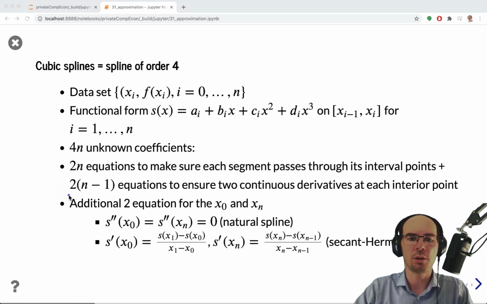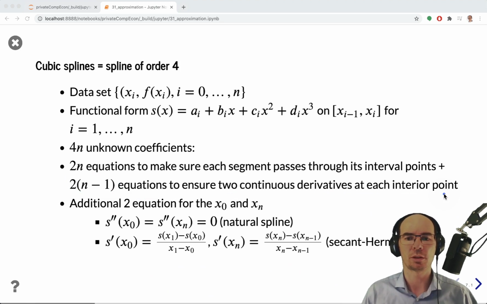And so there will be 2 times the number of points where 2 different segments of the spline come together. These are the points where we have to ensure the smoothness of 2 derivatives. And how many points are there where 2 different segments of the spline come together? Well, 1 less than the number of intervals, right? So there will be 2 times (n minus 1) equations to ensure 2 continuous derivatives at each interior point of this spline.